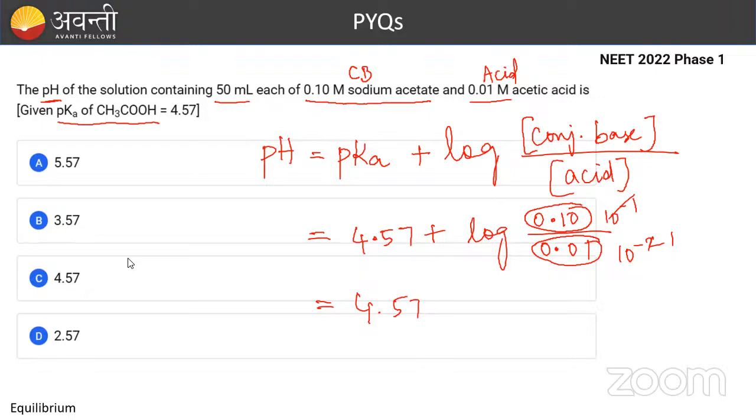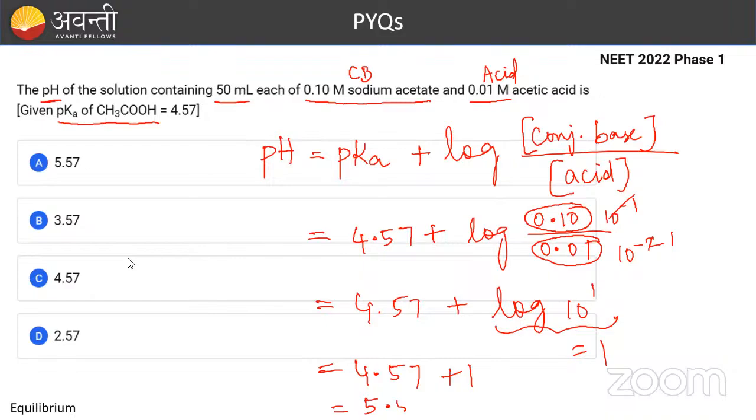So 4.57 plus log of 10 to the power 1. So we have log 10. Just a few minutes before, in one of the questions, I told you log 10 value is 1. So what do I have? 4.57 plus 1, which is equal to 5.57, which is the value for the pH.